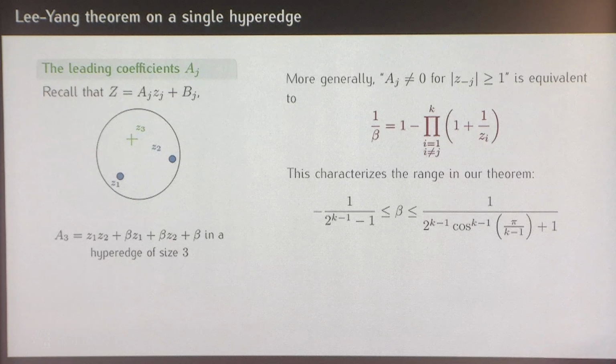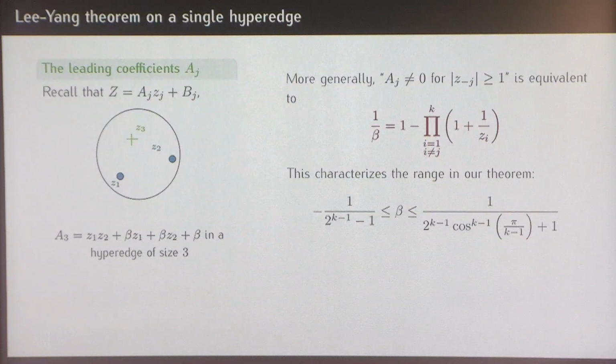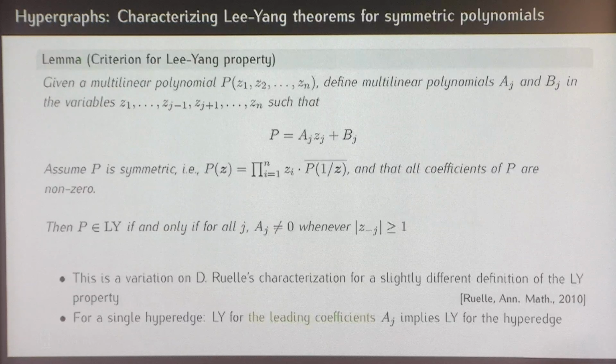So it reduces to some calculus or geometry problem, and that's where the range of beta comes from. You basically have to show that this cannot hold when these variables are outside the disk. The contraction proof more or less proceeds along the same lines as the original proof, with some places where this characterization is used.